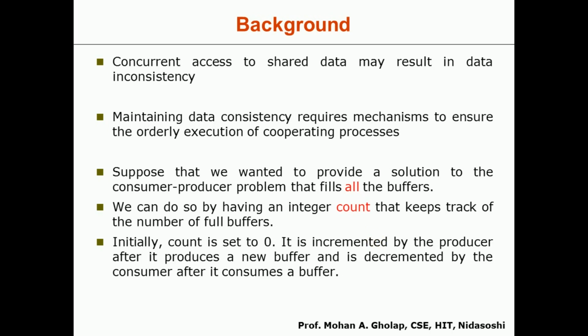We know that modern computer systems are multiprocessing systems, and a number of processes will be accessing the resources that are shared among all. In this case, maintaining consistency, that is data consistency, is very important.